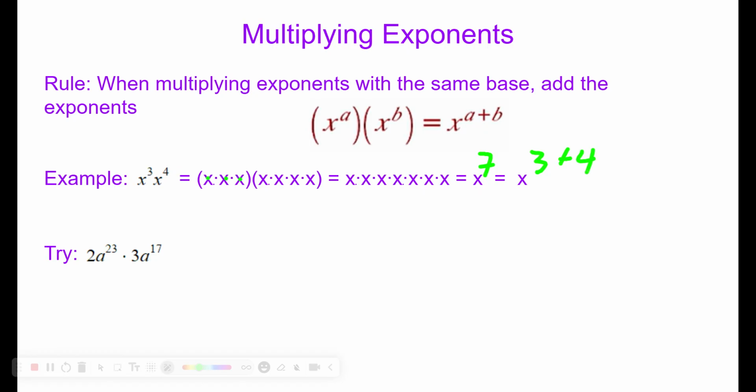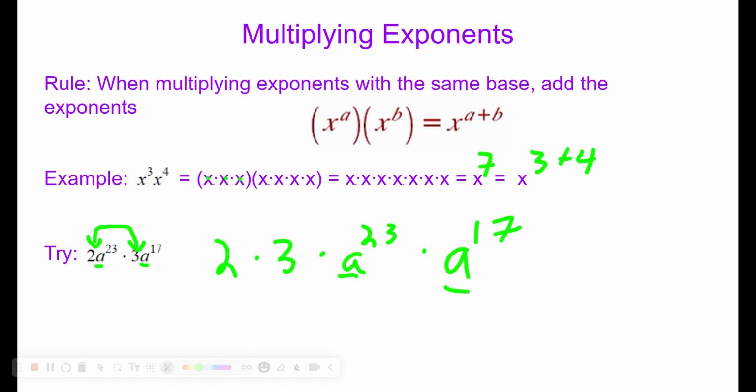So let's try an example. We have 2 times a to the 23rd power times 3 times a to the 17th power. So we do have the same base here, and we can simplify the outside, right? And here we essentially are going to have 2 times 3 times a to the 23rd power times a to the 17th power.